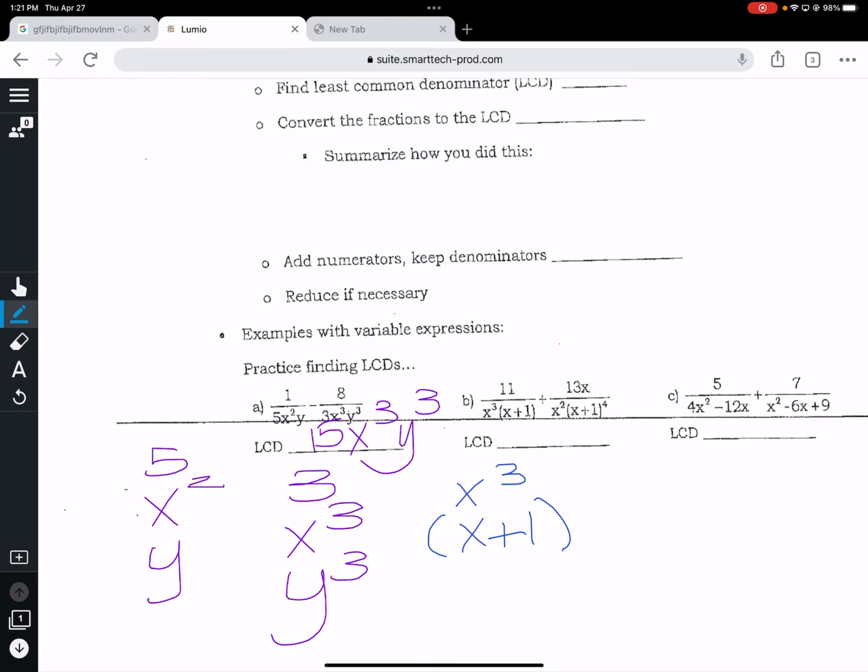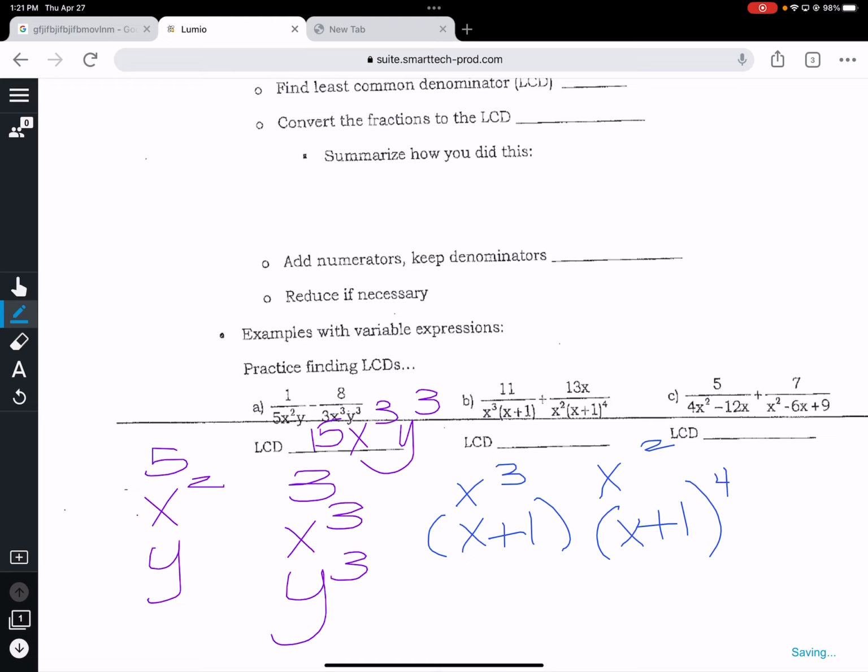You leave it factored all the way. The parentheses travel together. It doesn't get separated. And then we have an x squared and an x plus 1. But how many times is it used?